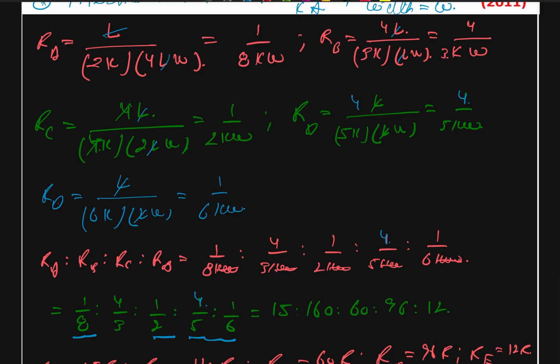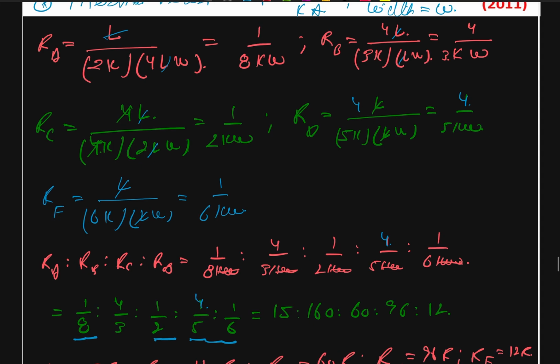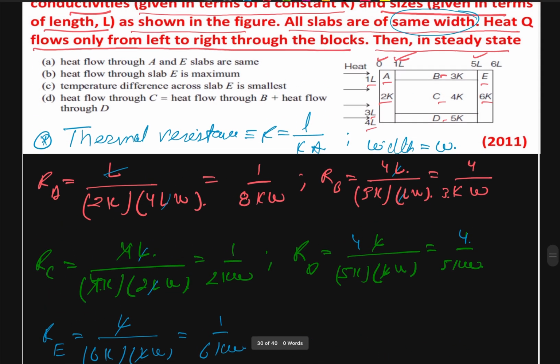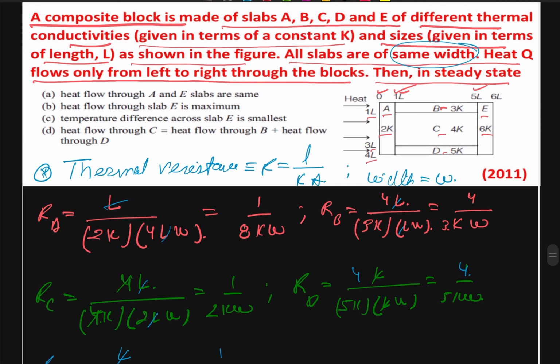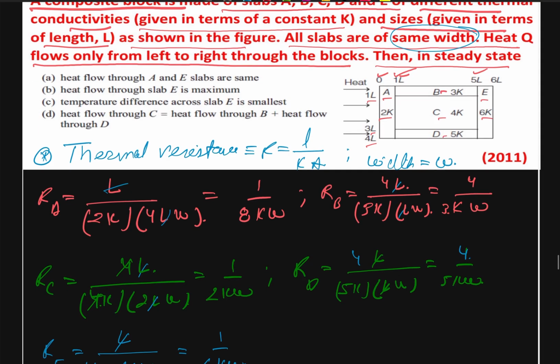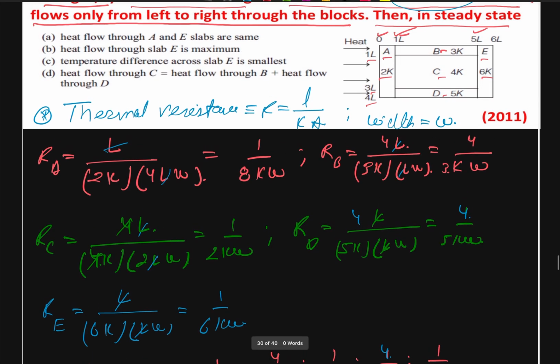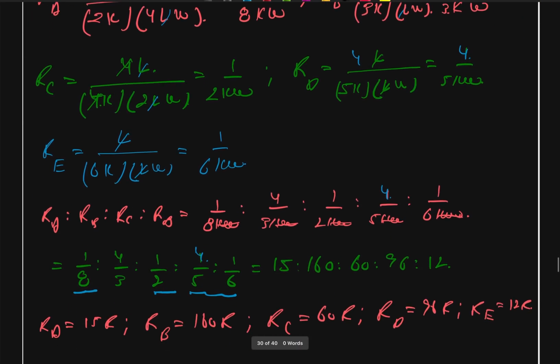This is RE, and RE will be our 4L, it should be 24.